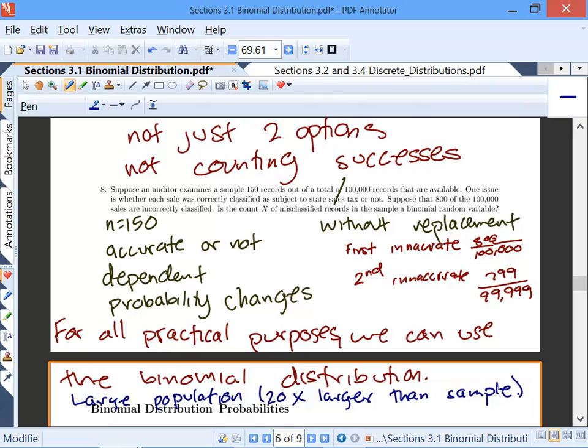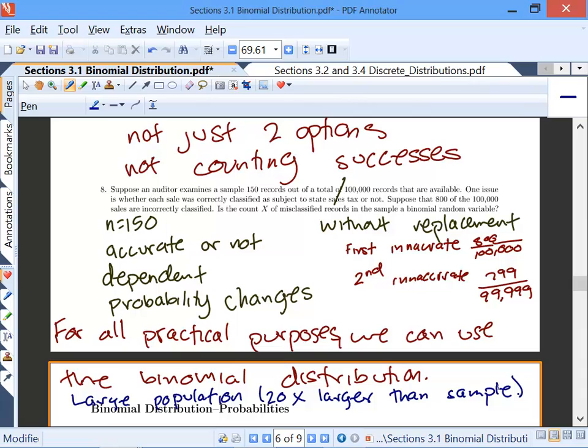Now, it's very rare in this class for you to ever know how big your population actually is, but unless you specifically know that you have a small population, I wouldn't worry about it. It's probably going to be big enough. So if we don't know, we just assume large.